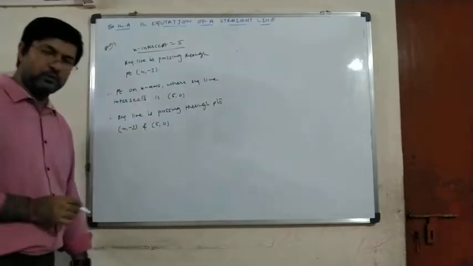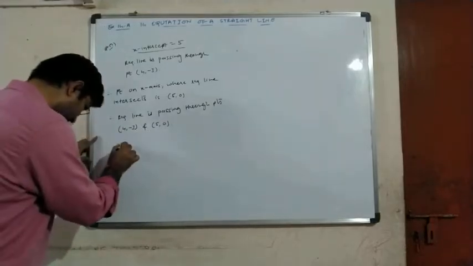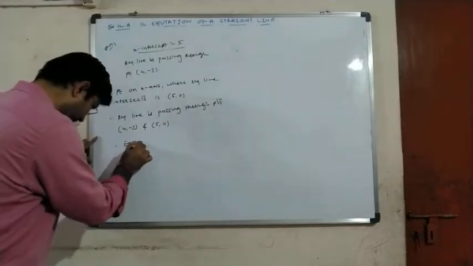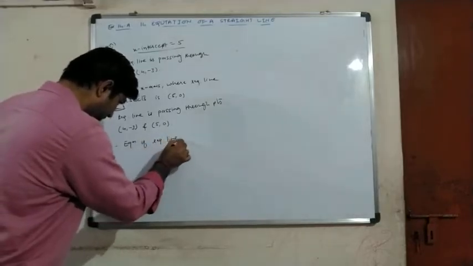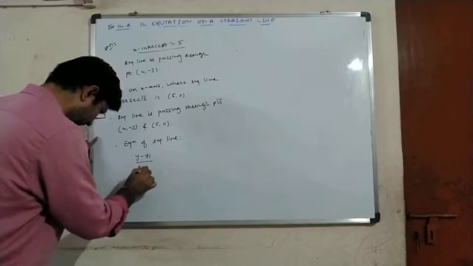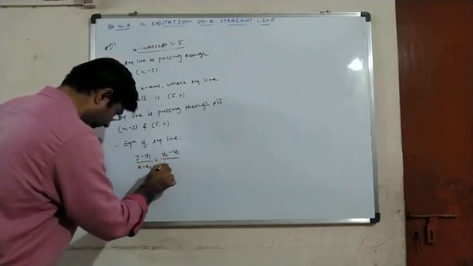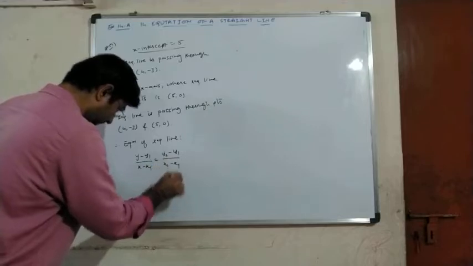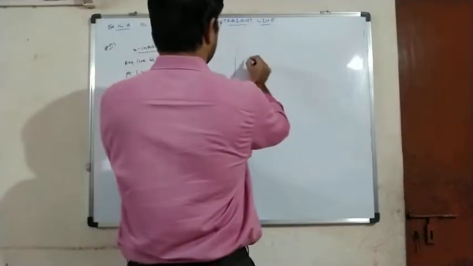So we have 2 points, so obviously we will use the two-point formula, and therefore the equation of the required line will be (y - y1)/(x - x1) = (y2 - y1)/(x2 - x1). Now let us put the values.